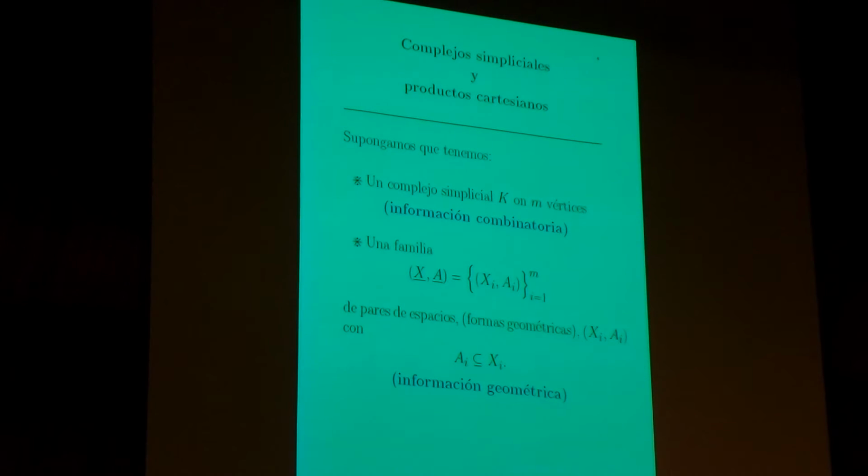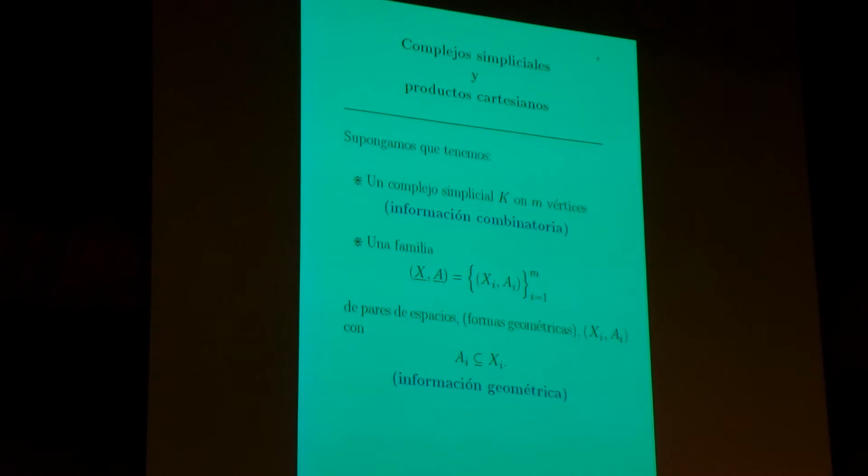Now, I want to relate simplicial complexes to Cartesian products. I have told you what a Cartesian product is, and I hope I've given you some idea of what a simplicial complex is.